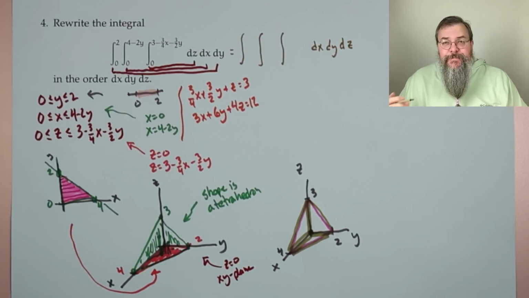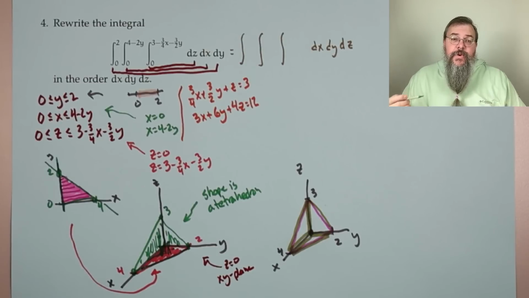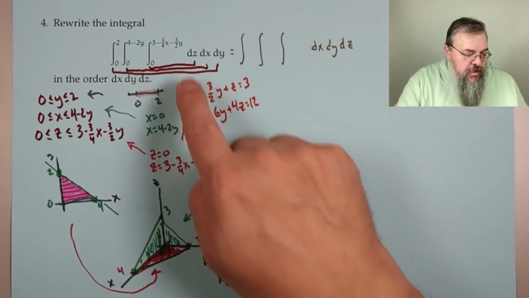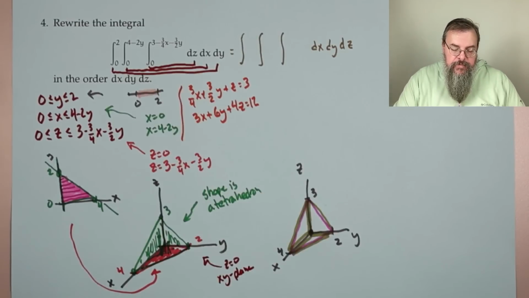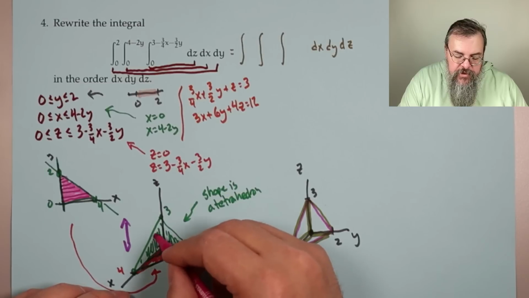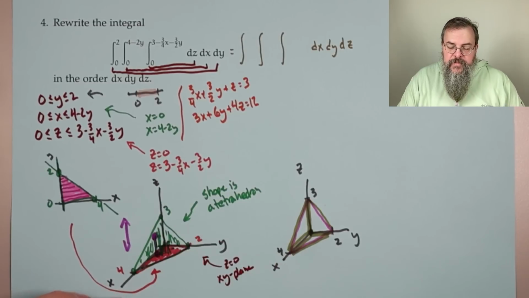It doesn't really matter too much. It's just whatever helps you think conceptually. For me, I just want to understand what's happening. Previously, when we were doing our inner layer, we were going dz. So when we set up our bounds, we were going from top down to the bottom.